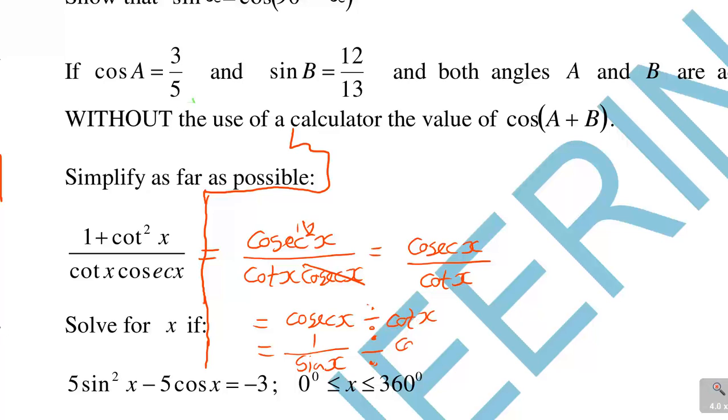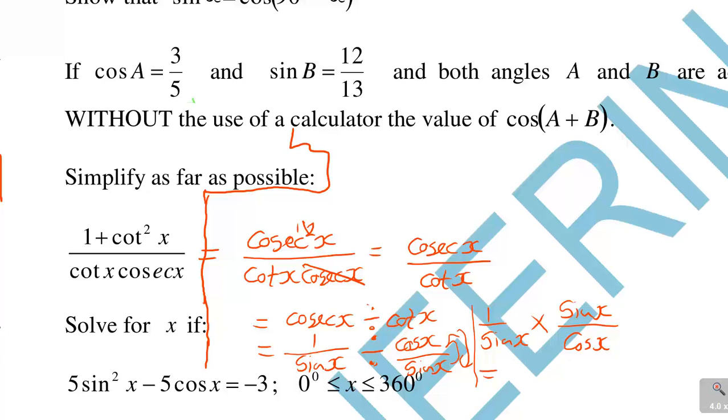Remember, cot is cos x over sin x. Then you can move on to say 1 over sine x, then you introduce the times. Then you invert. Remember, when you do the times, you invert. It becomes sine x over cos x.